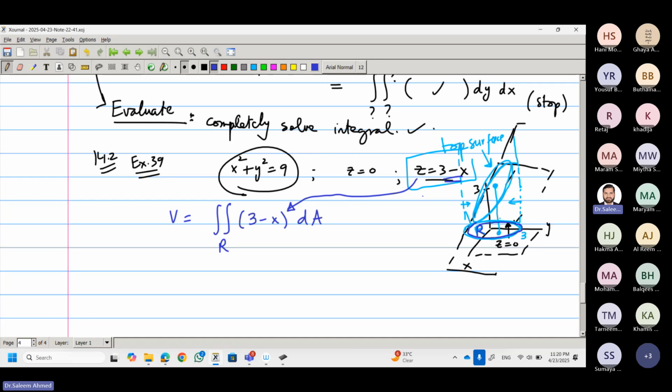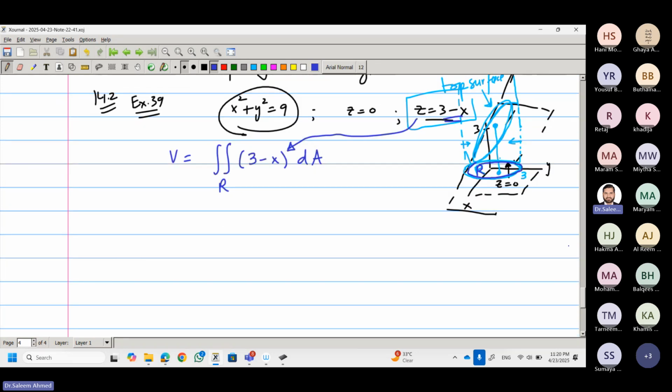So you have to be careful: what is my top surface? This plane becomes the top surface. And region R comes from my circle of radius 3, which is x squared plus y squared equals 9.